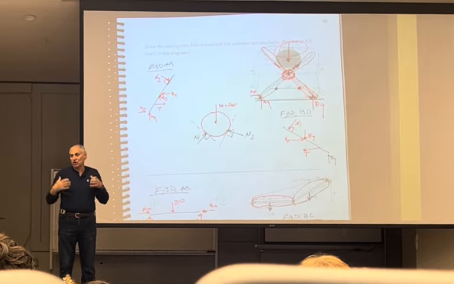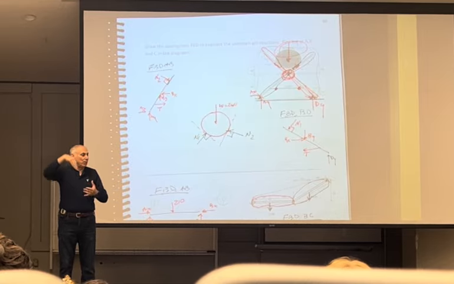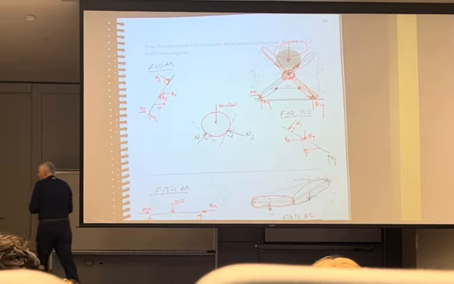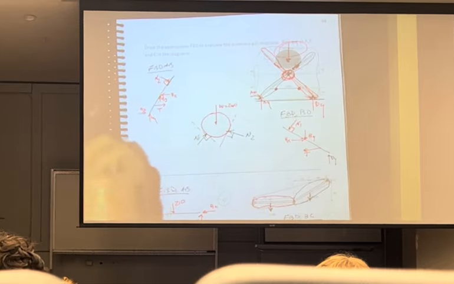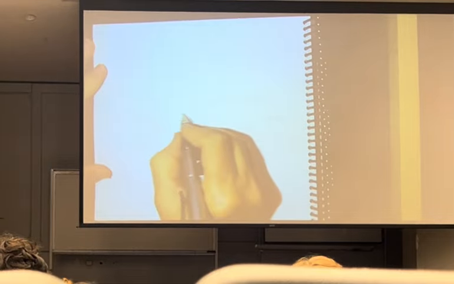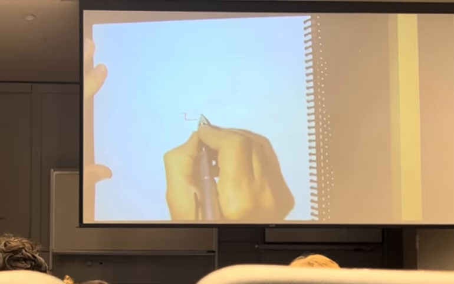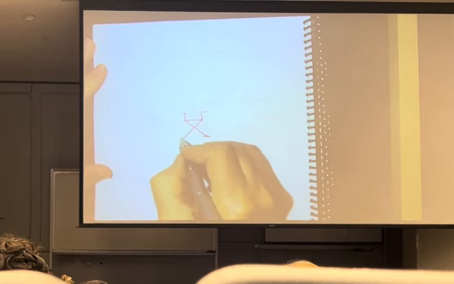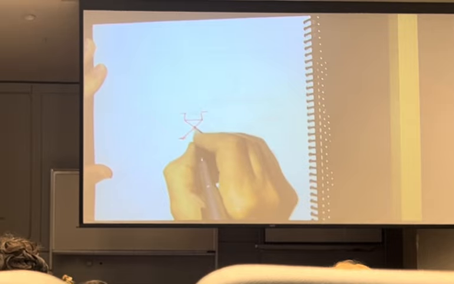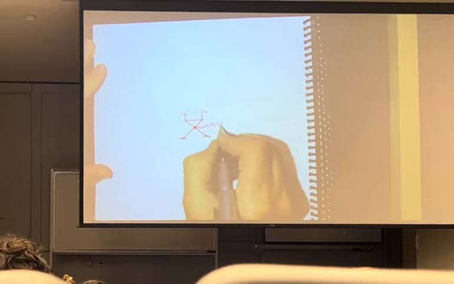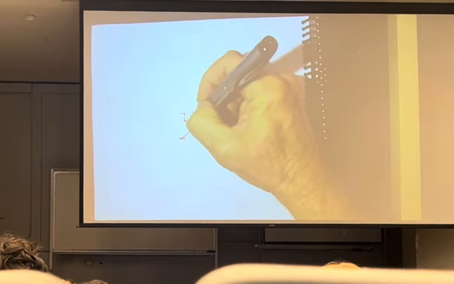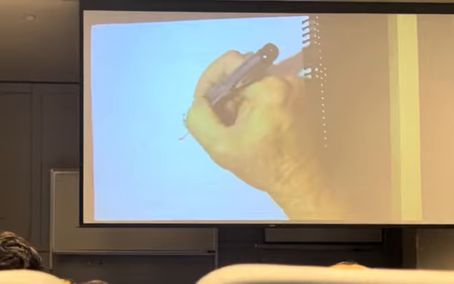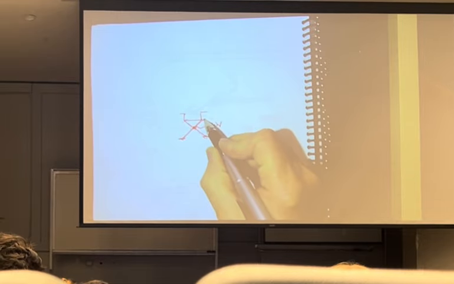You know those chairs that you kind of fold and put into a bag? What you have is something that looks like this. And then you have a leg, and then another leg, and what you have here is a pin. That is not one piece, two piece, three piece, four piece. It's one big piece, another big piece.